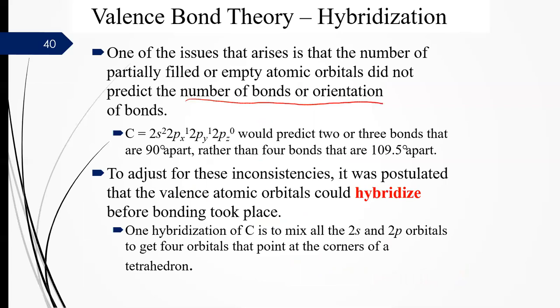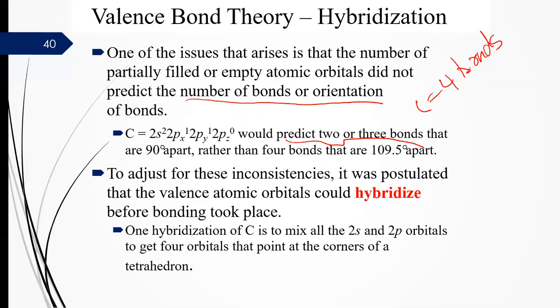So carbon, when we make our Lewis structure, forms 4 bonds. But when we look at the orbital diagram for carbon, carbon only has 2 unpaired electrons. So it doesn't predict that it should make 4, it predicts it should make 2, maybe 3 if it uses that empty one. But it doesn't create the same structure as what we see.